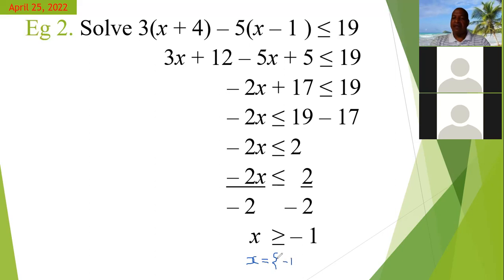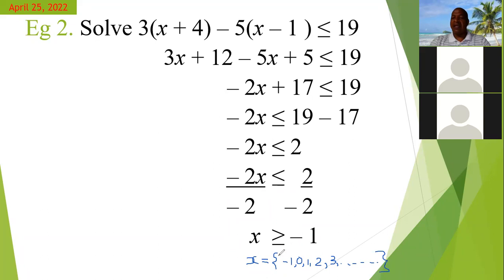And the rest of the values should be greater than -1. So what are the other values greater than -1? You would have 0. You would have 1. You would have 2. You would have 3. And then you could go on and on to infinity.